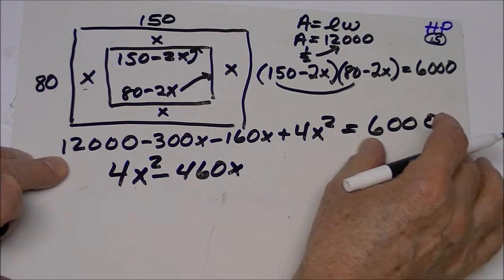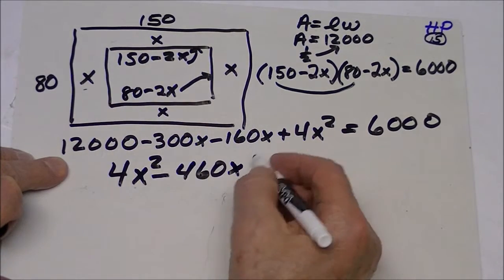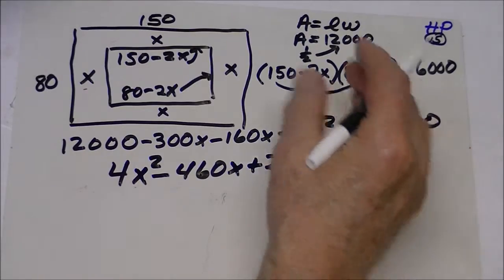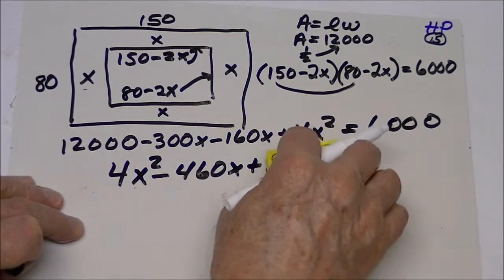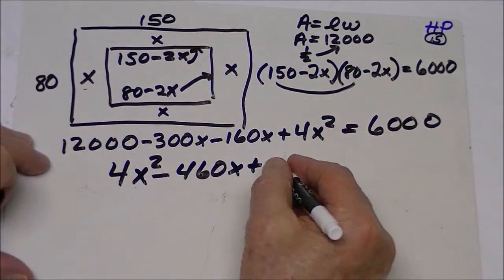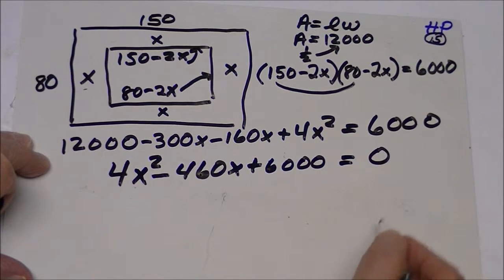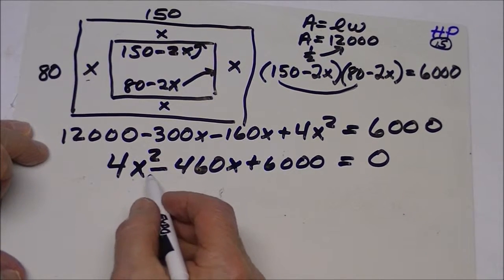Now we're going to subtract 6,000 from both sides, and that leaves me then with a negative 6,000 on that side. And that all equals now 0.